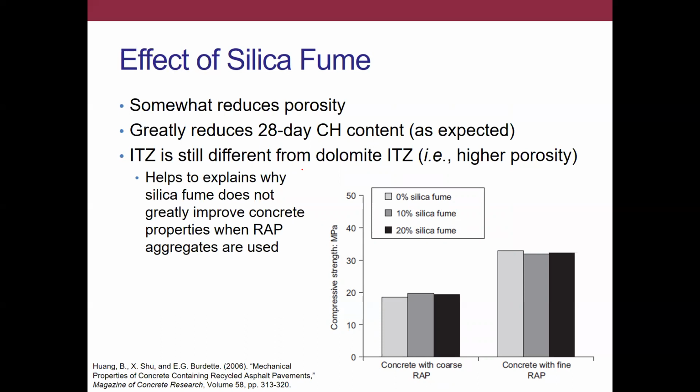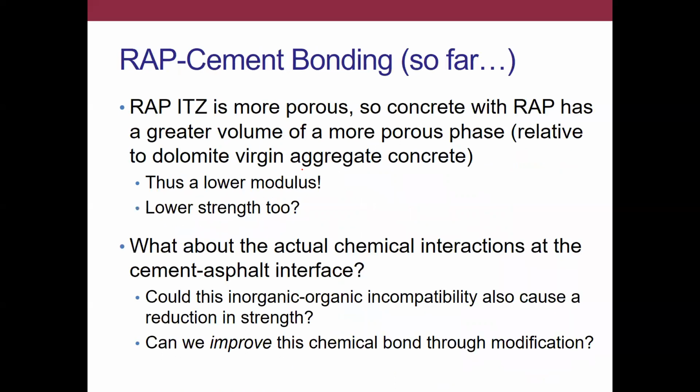So regardless, what we can conclude at this point is that if we look at the ITZ, we definitely know that the presence of the RAP is increasing the size. I didn't present the data on the size of the ITZ, but we did calculate it based on the porosity. It is a larger ITZ, and it's also more porous relative to concrete with virgin aggregates.